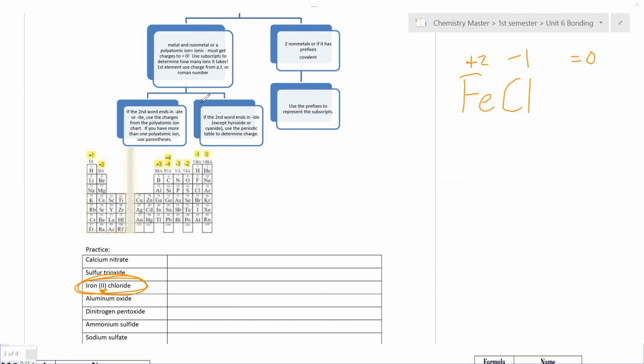FeCl2. I just wrote the 2. If you still feel like you need to do this, Fe is +2, Cl is -1, write it again. That's fine. But that just comes out to FeCl2. That is how we write a formula.